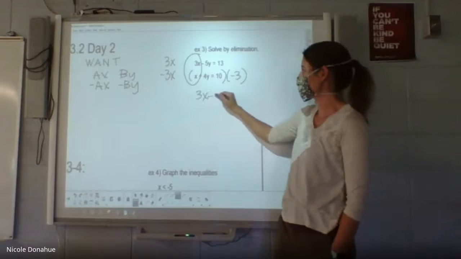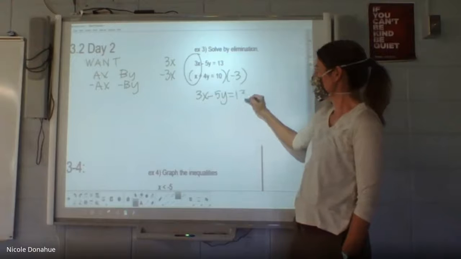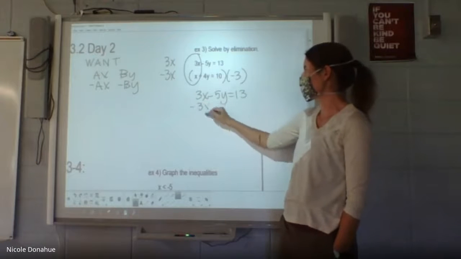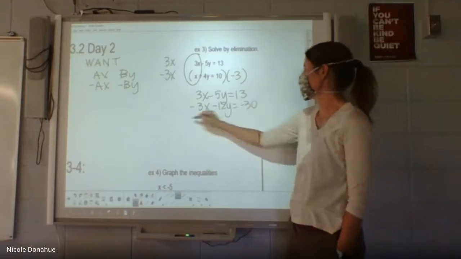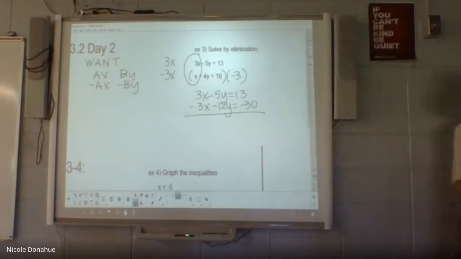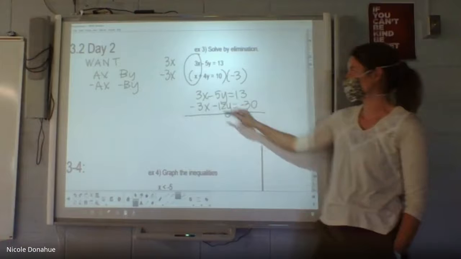So this top row is going to stay as it is, but the bottom row I'm going to multiply by -3, sorry. And then we can add the equations and they should cancel.